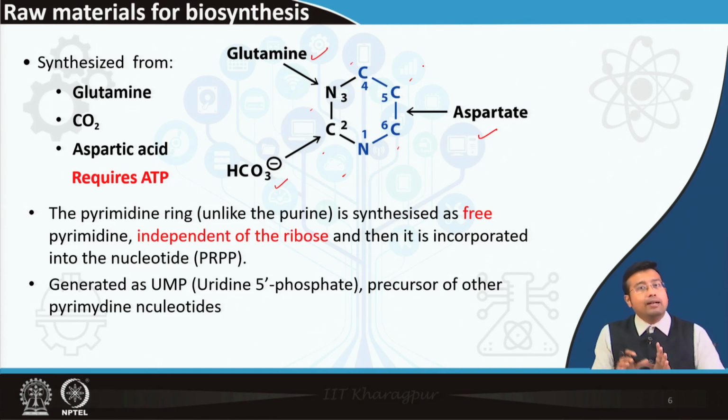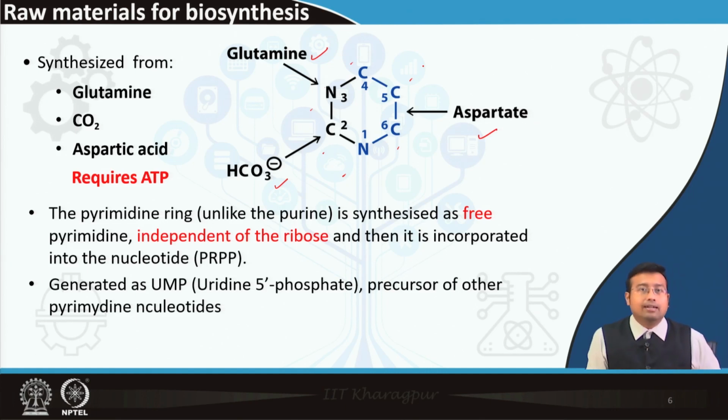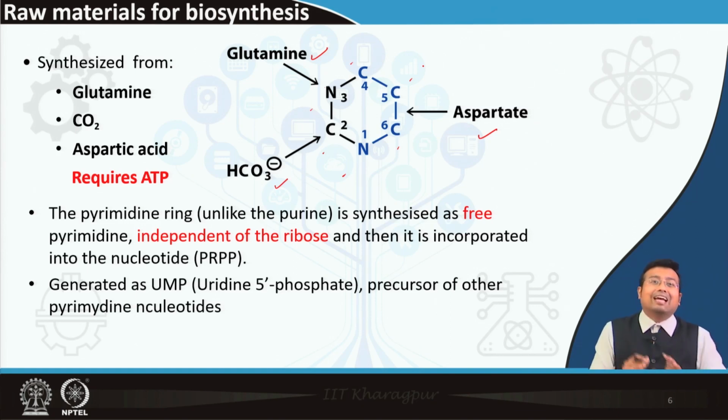Here it is completely different. In case of pyrimidine synthesis, first the ring is formed and only at a later stage is ribose 5-phosphate added to it. Okay, so, this is the difference. In case of purine, first ribose is attached and on ribose the entire ring is formed. In case of pyrimidine, first the ring is formed and then ribose is attached, all right.